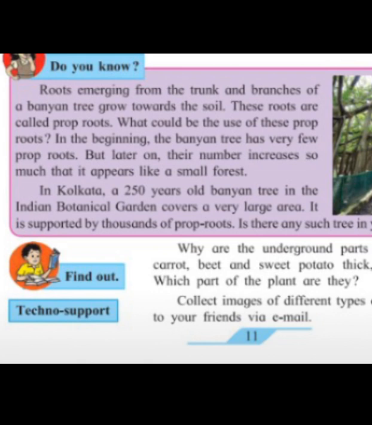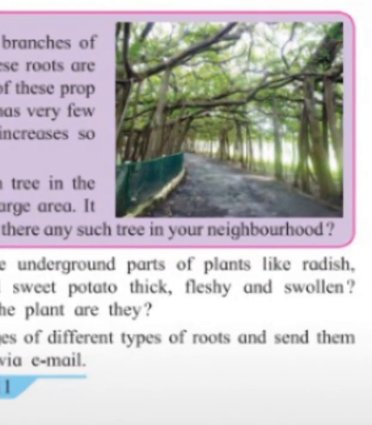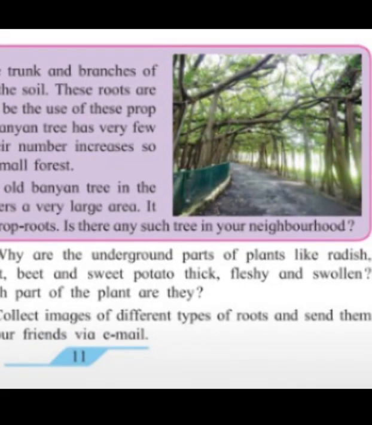Now here is an image of a banyan tree in Kolkata, in the Indian Botanical Garden. It is 250 years old and covers a very large area. As you can see here, it is supported by thousands of prop roots.